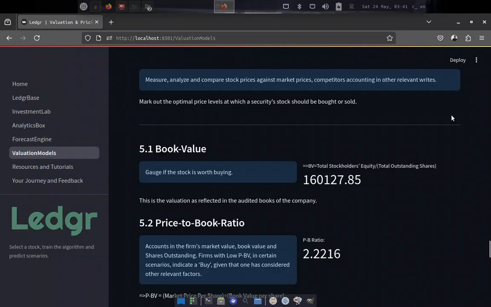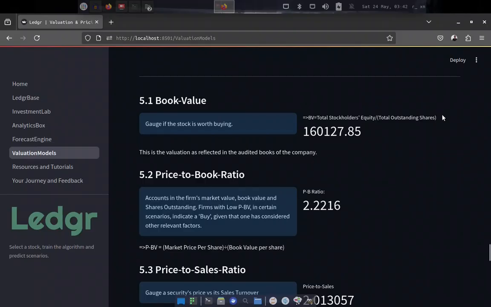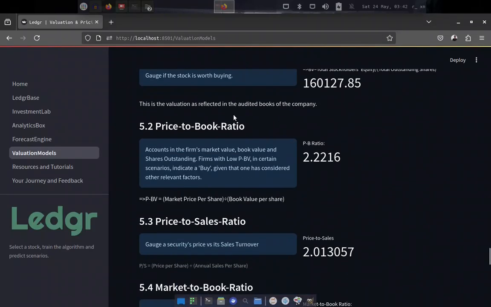First, let's look at the book value in crores INR. NTPC is a massive firm, and this is in crores INR. This is the valuation of the company that has been audited into the books, and this is what has been reported directly to the exchanges and all parties concerned.